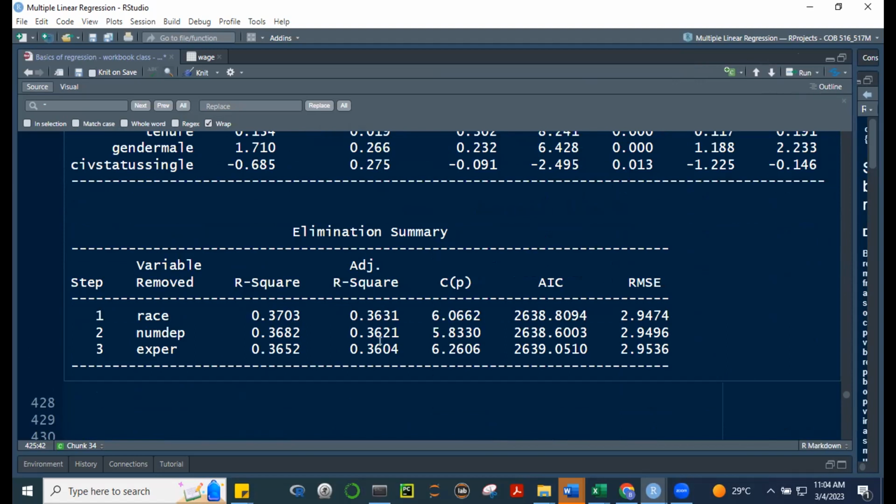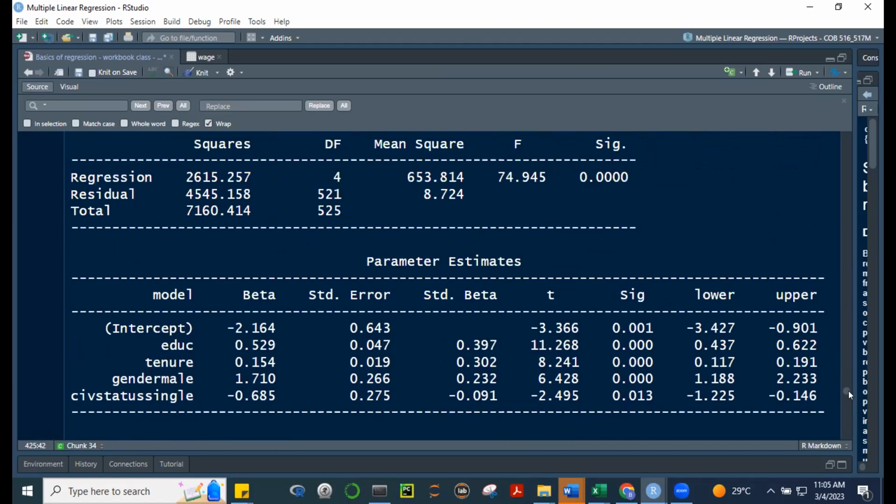Okay, adjusted R squared. So here, you can see that even if the adjusted R squared was going down, pag nag-eliminate tayo, still, ito pa rin yung better model. And then this is Mallow's CP, which we're going to discuss next time na lang, AIC, and the root mean square error. And this was your final model.